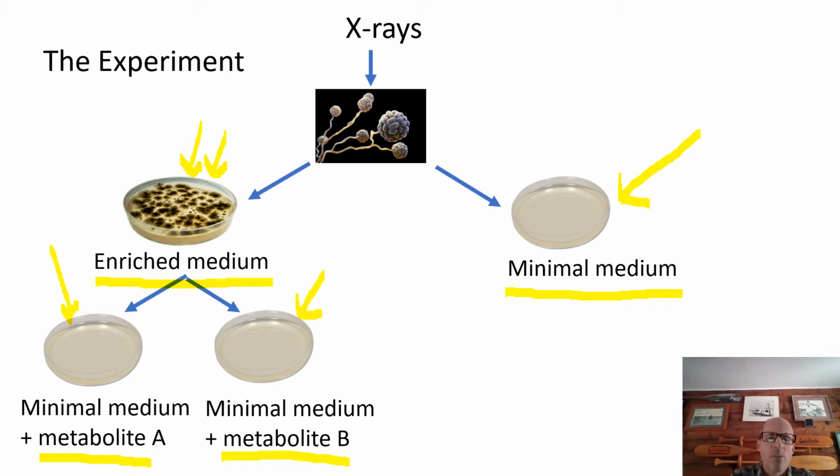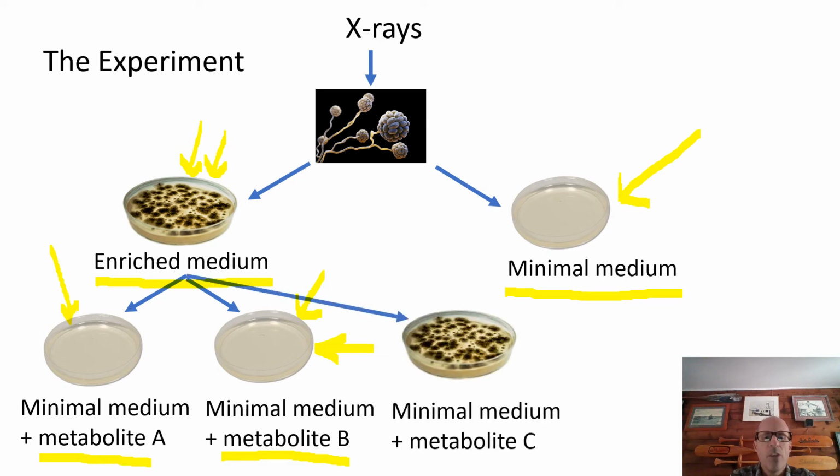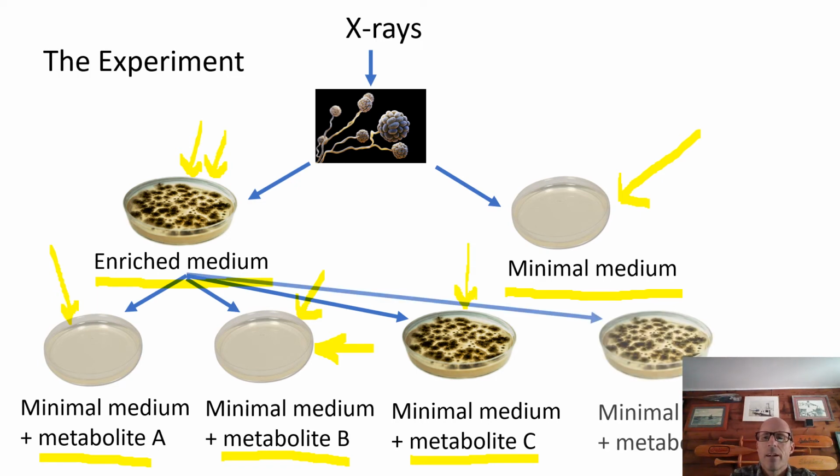So that implied to them that something was going on in the latter part of this transition from A, B, C, and D that clearly did not allow this bread mold to grow. Interestingly enough, when they included the third metabolite, C, that bread mold did grow. And obviously, when they included metabolite D, the bread mold grew there as well.